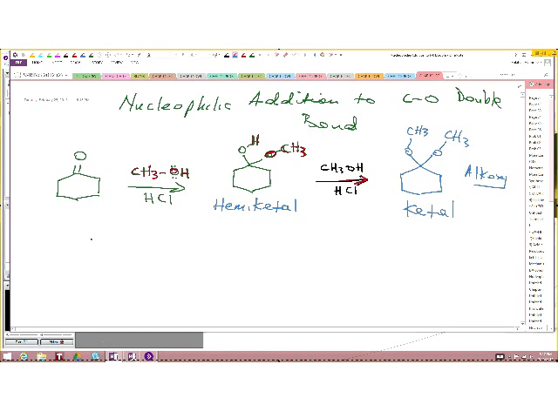Now we also told you we could perform a similar reaction with an aldehyde. Say, for example, if we take this specific aldehyde here, take methanol in the presence of an acid catalyst.